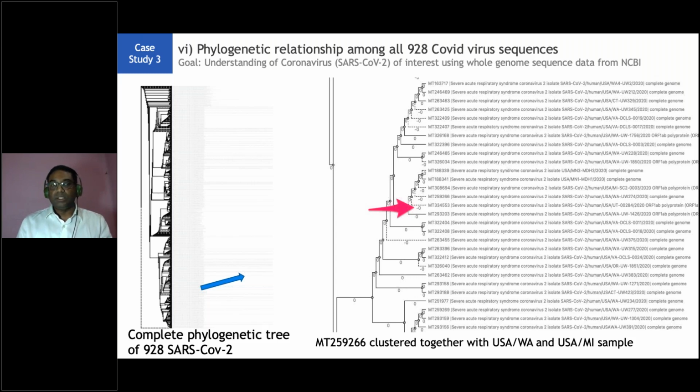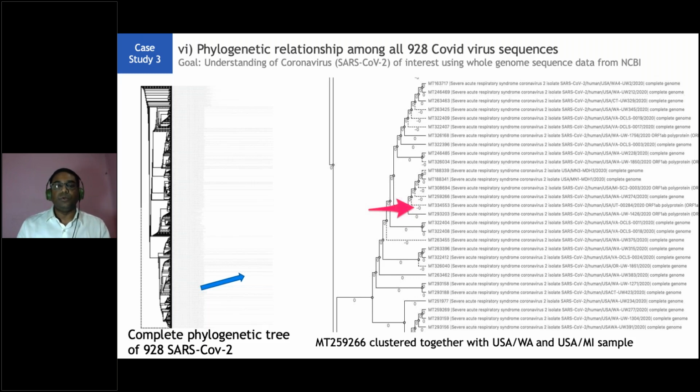And since the whole tree is very big, we keep it small to fit the screen, and then we zoomed in on the region where MT334553 is located. It is indicated by this pink region. So that's where this particular genome of interest is located.